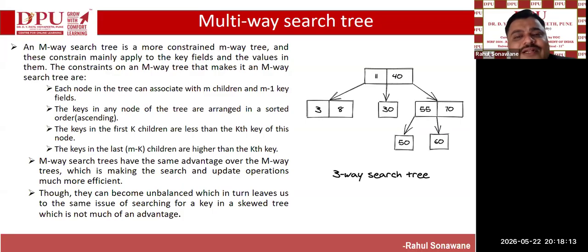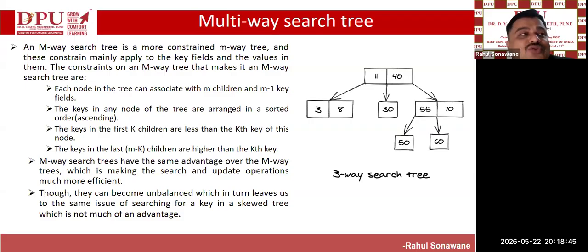That rule is very similar to the BST's rule: the information is kept depending upon the values, or the data is organized depending upon its values, and that constraint is applied to the key fields. To make it an m-way search tree, we have to follow these different rules or properties.